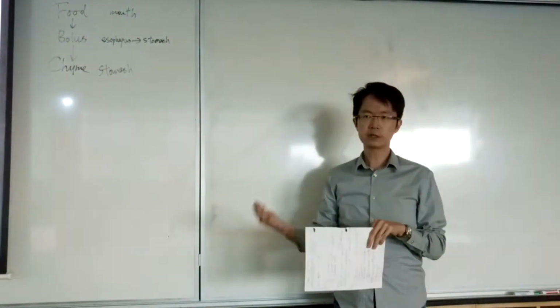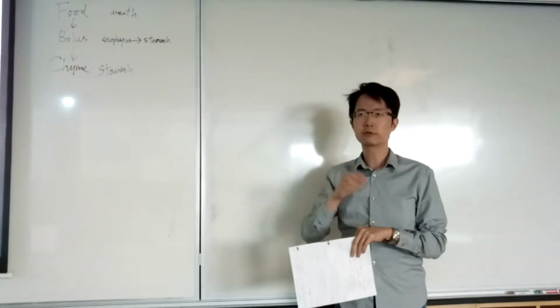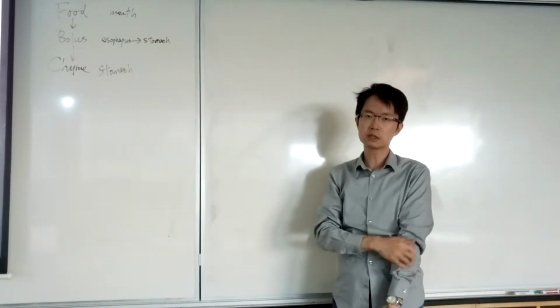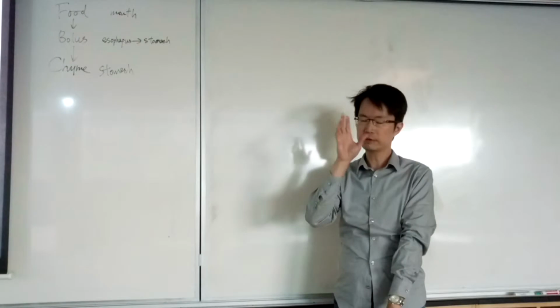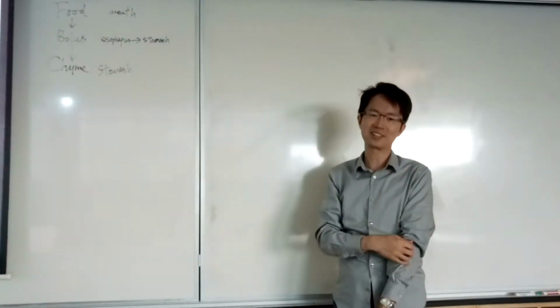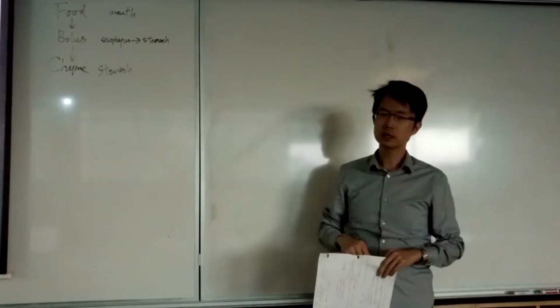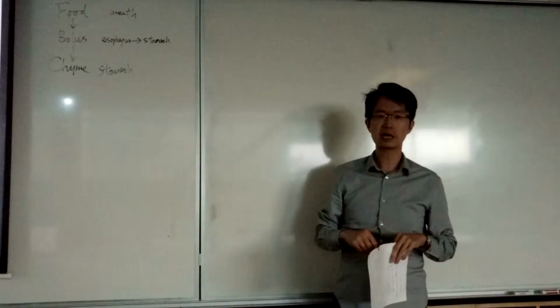And from the previous video, I asked you what kind of cartilage made out of the esophagus. Not esophagus, what kind of cartilage made out of the epiglottis. So the epiglottis is made of elastic cartilage.